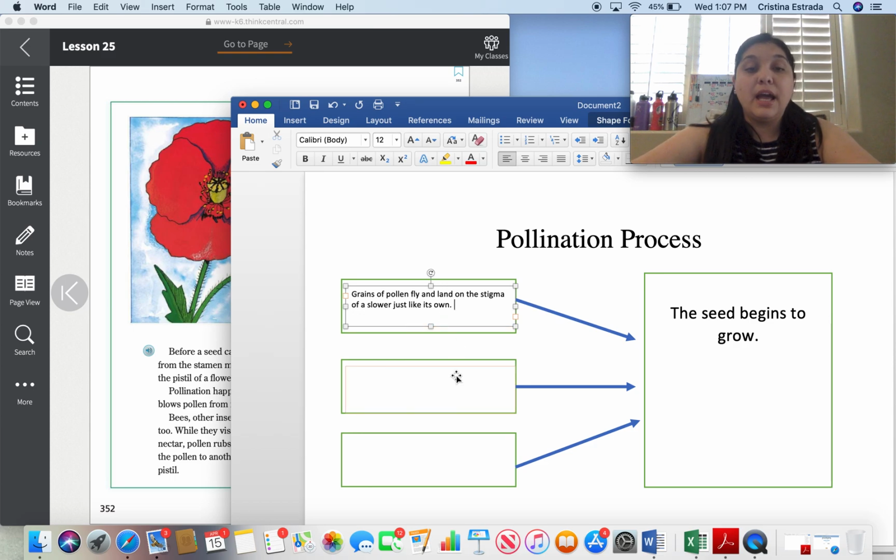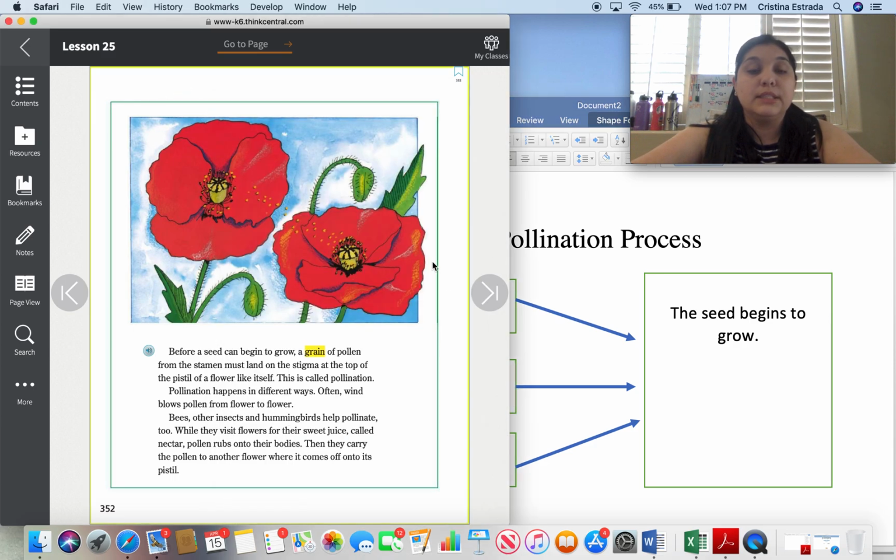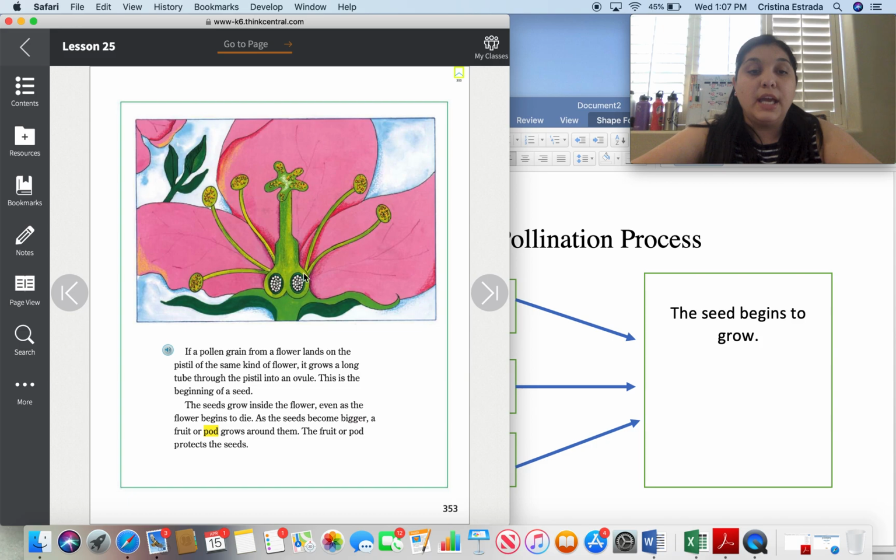Now after that, I went to the next page and I kept reading here. It says if a pollen grain from a flower lands on the stigma, it goes through the pistil and into the ovule. So one of the ovules. So that's what happens next.